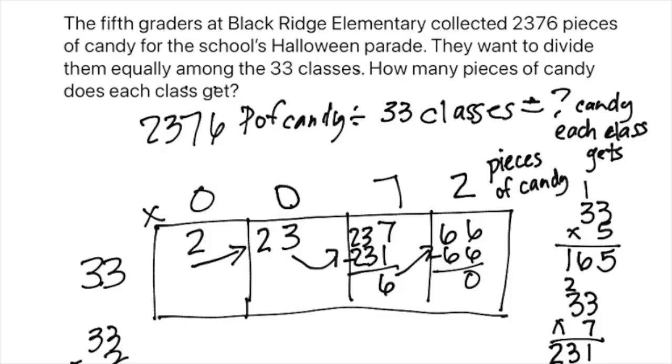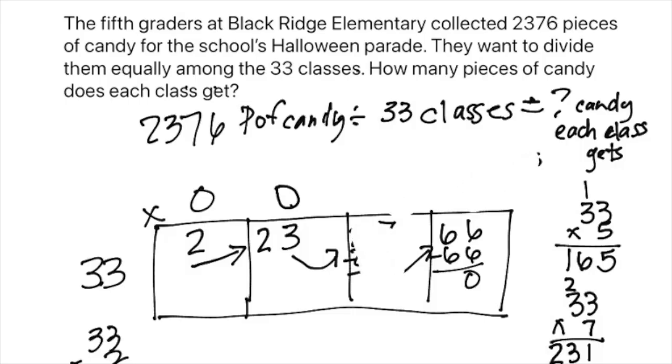All right, so I'm going to go over a couple of rules with this. Okay, so I'm going to backtrack just a little bit. All right, so I have my 2, 3, 7 here, my 6 here.